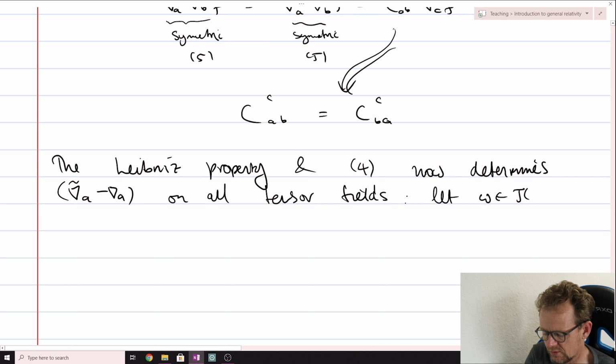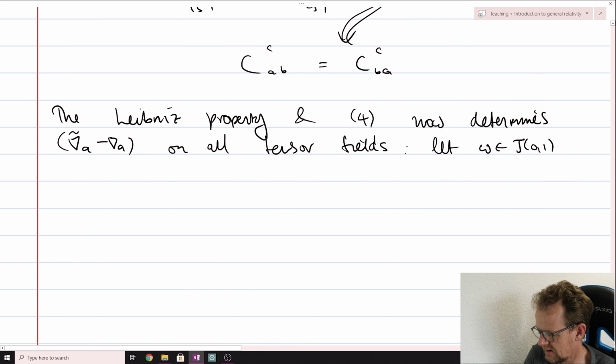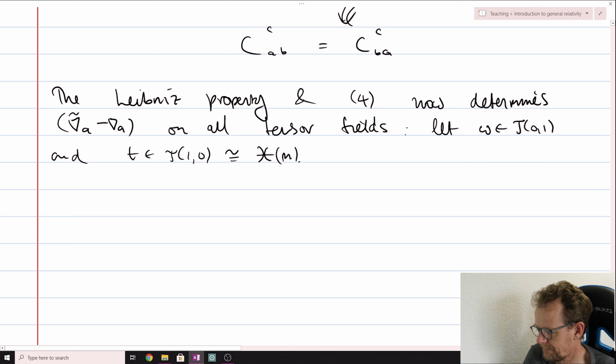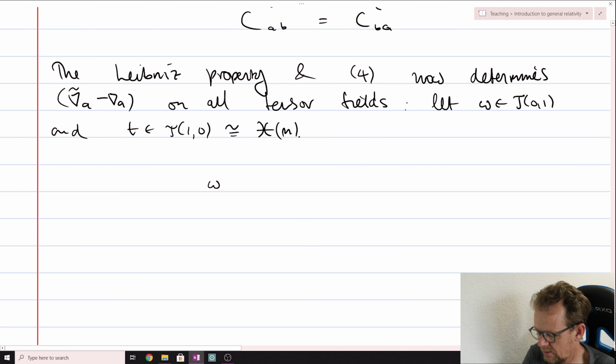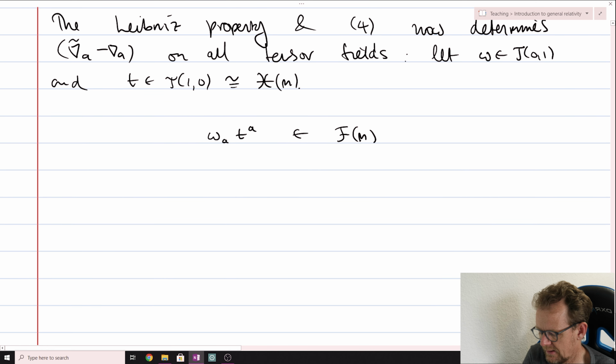So let omega be a dual vector field and T a vector field. My other notation for that is X^m. What do we know? According to abstract index notation, omega_a T^a is the contraction of omega and T, and is therefore a smooth function. Now, 4 says that the derivative operators commute with contractions.